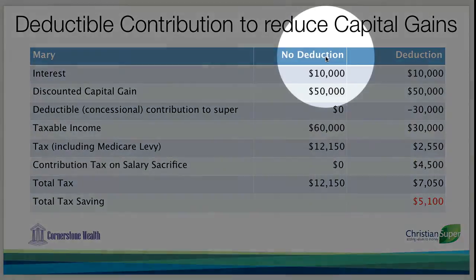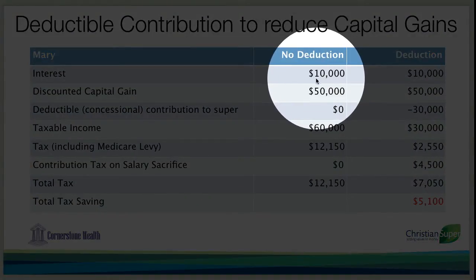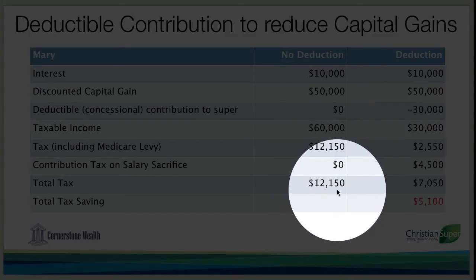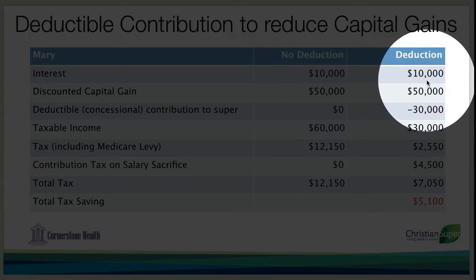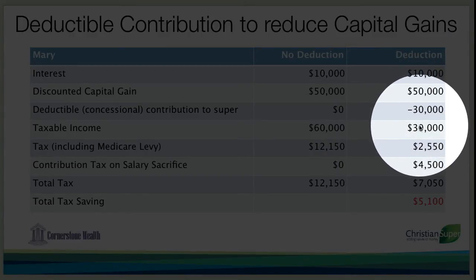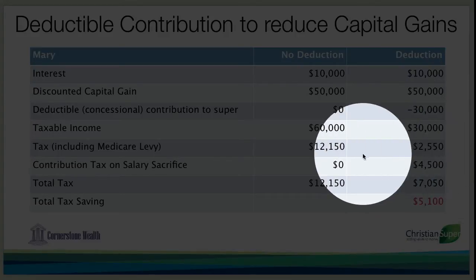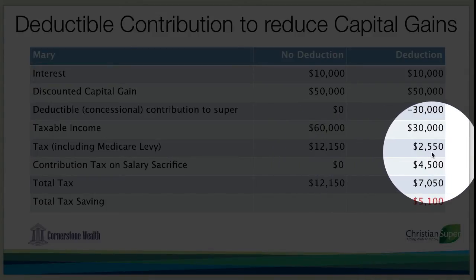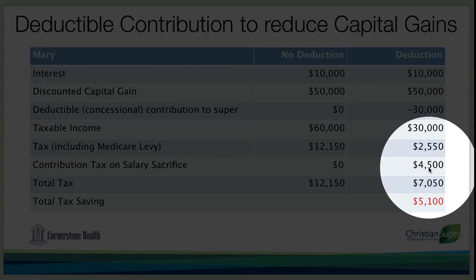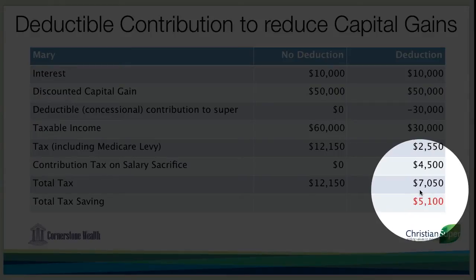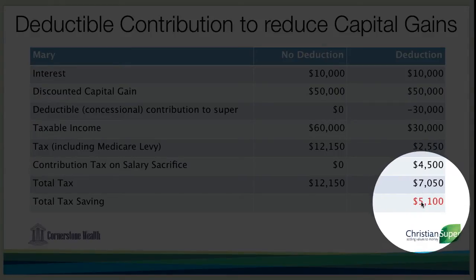Now, if she makes no deductible contribution, then she'll have a taxable income of $60,000 and pay the full $12,150 in tax. If she makes a deductible contribution of $30,000, it reduces her taxable income to $30,000, and she reduces her income tax paid from $12,150 to $2,550. She does have to pay $4,500 in contributions tax. That's 15% of the $30,000.